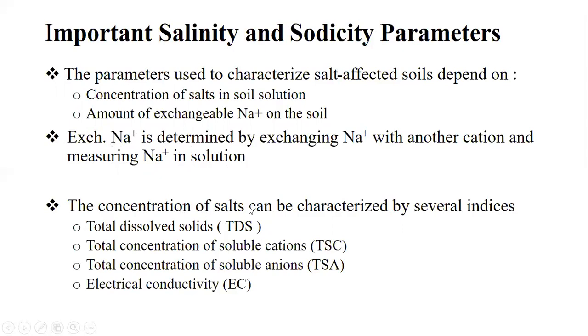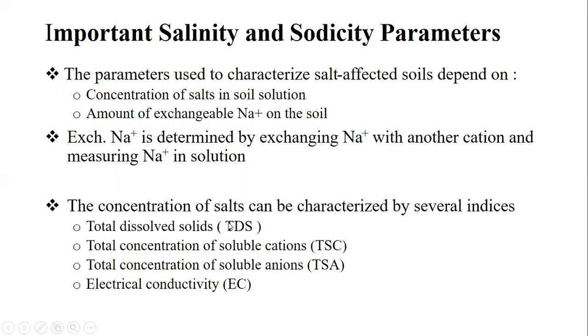The concentration of salts can be characterized by several indices. Indices, the plural of index, are measuring ways of indicating how much we have. They can also be called parameters, different indices that we can measure and talk about salinity using.